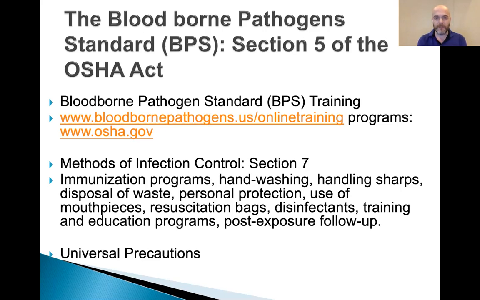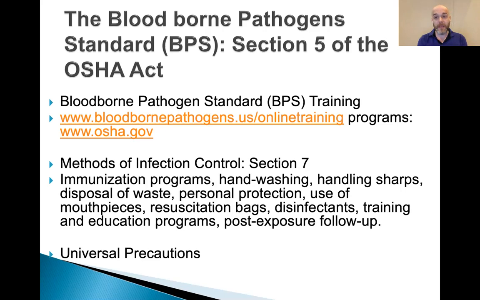Protecting yourself against infection if you have a patient that has an infection, disinfecting areas properly, and proper training programs if you're going to be doing transfers and suctioning on patients, if you're going to be working in a hospital with people that have trachs and things like that.